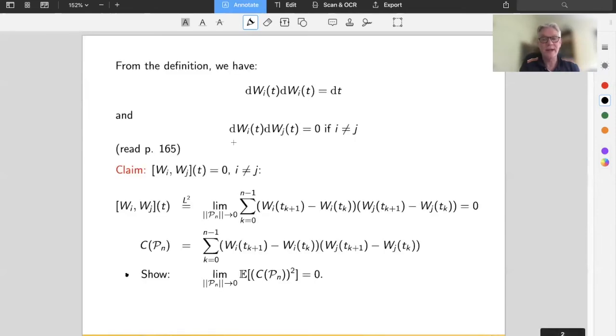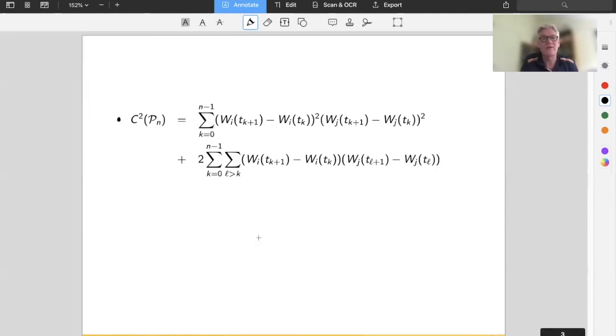So let's look back. We see this one times this one, and we can write the square of this as follows: it is the square of these two plus 2 times the sum, k runs from 0 to n minus 1.